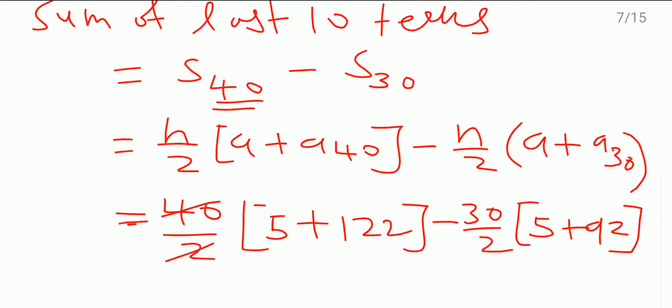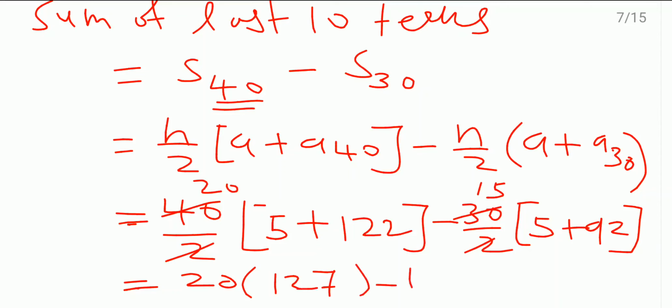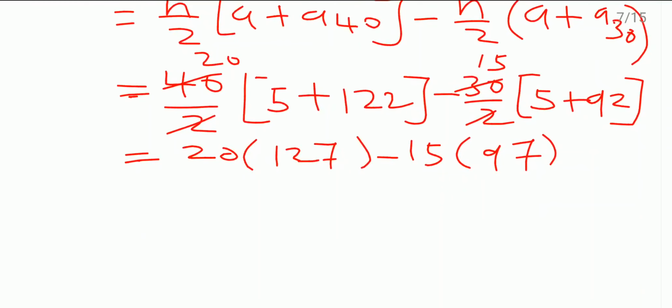So 2 ones are, this is 20. 3 fives are, this is 15 here. So here 20 in the bracket, 122 plus 5, which comes as 127. Minus 15 in the bracket, 92 plus 5, which comes as 97. See here now, 20 into 127.